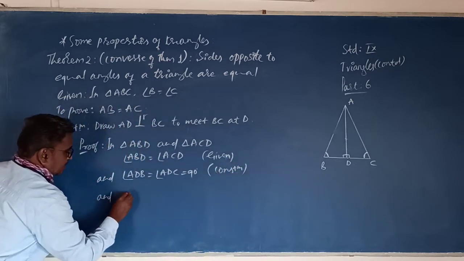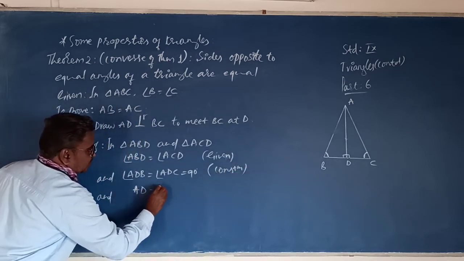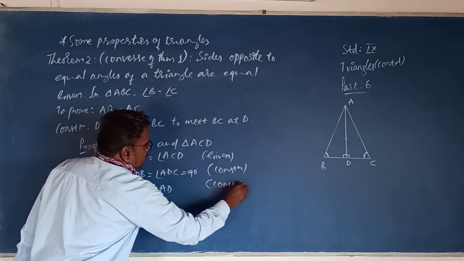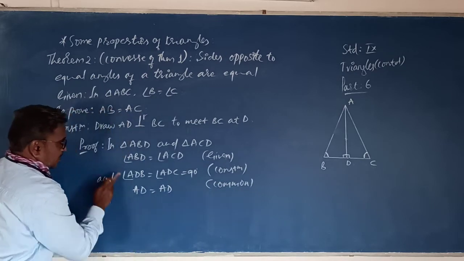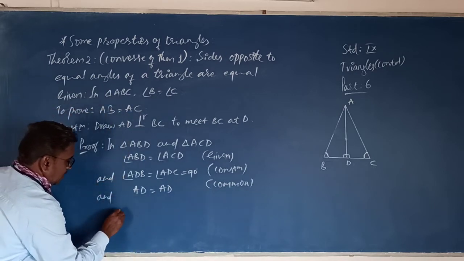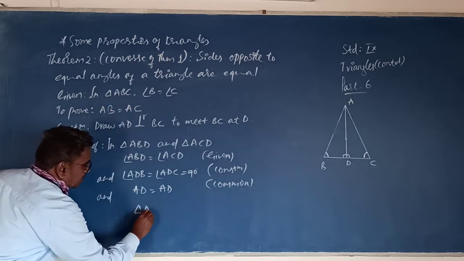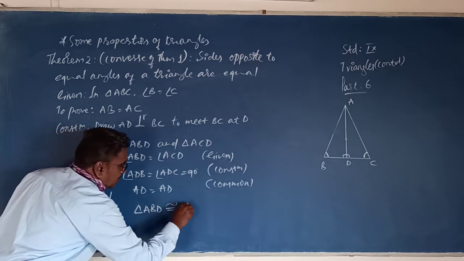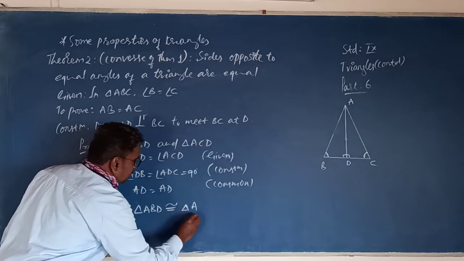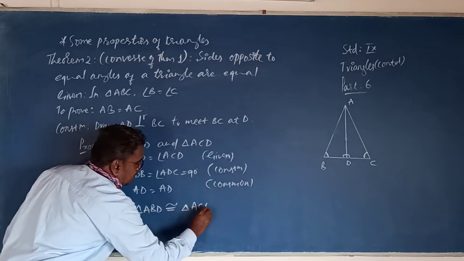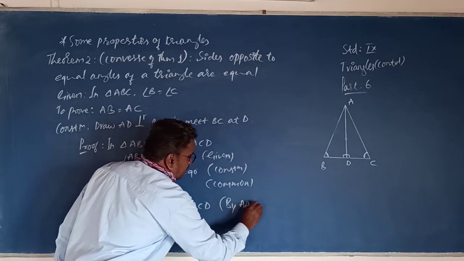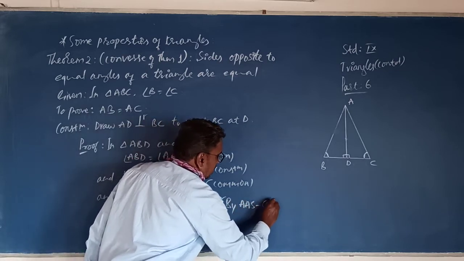And AD is equal to AD, which is common. AAS. Therefore, triangle ABD is congruent to triangle ACD by AAS congruency.